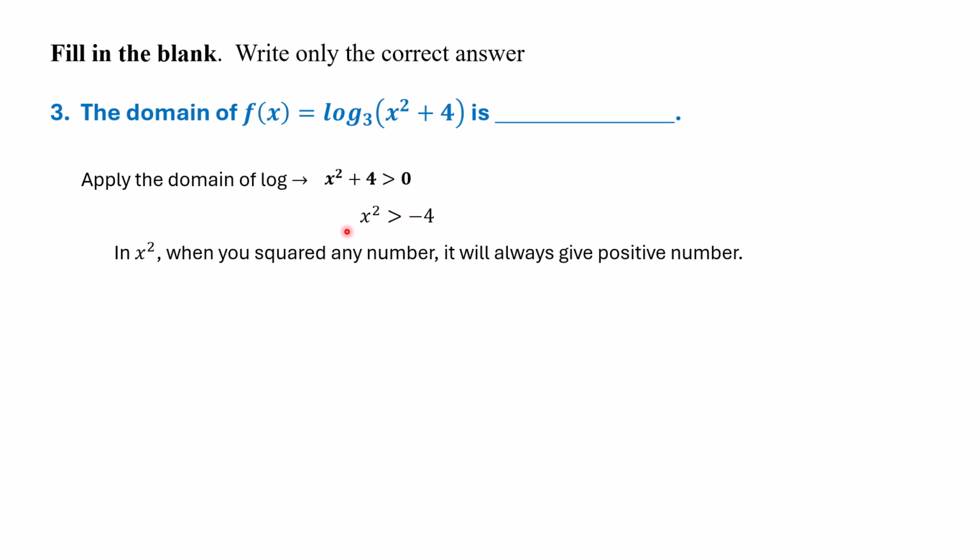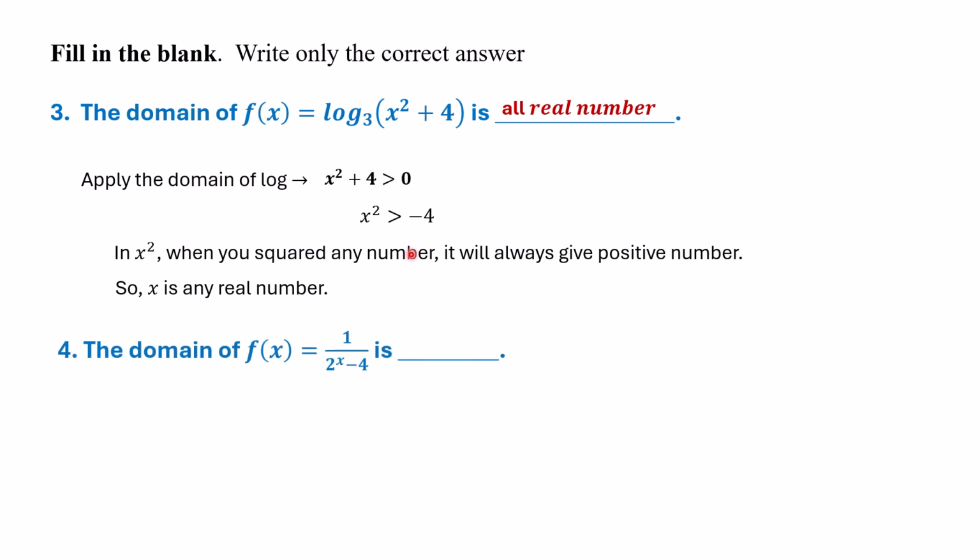The left side is always greater than negative 4 because it is positive. So the x values are all real numbers. Even if you put in 0, a positive number or a negative number, it will always give you a positive. So the domain is all real numbers.